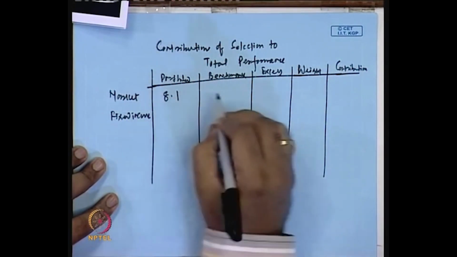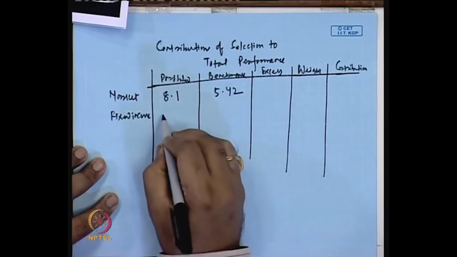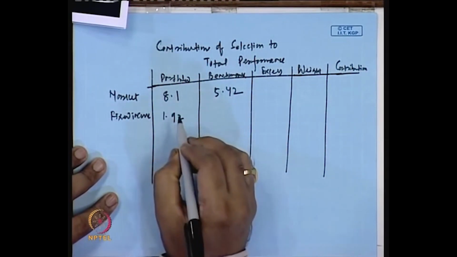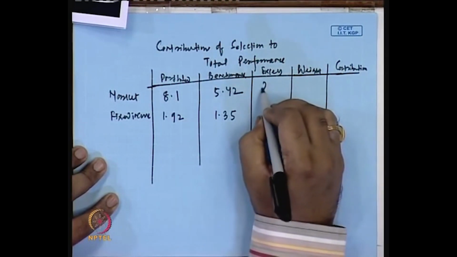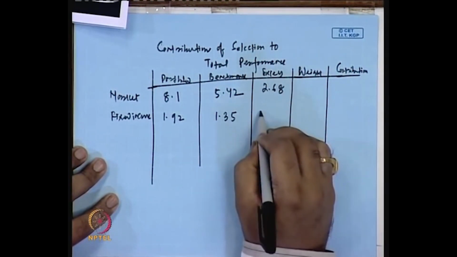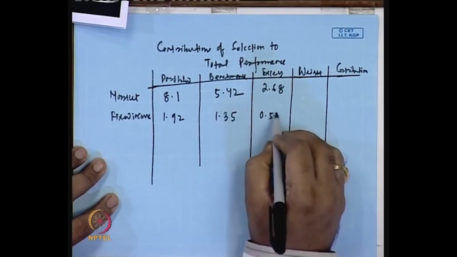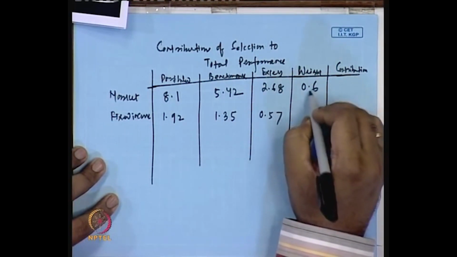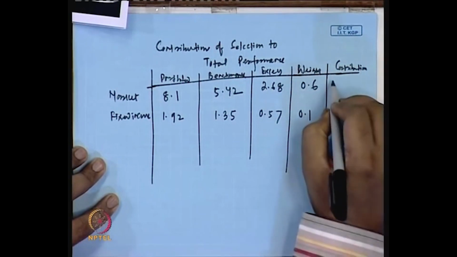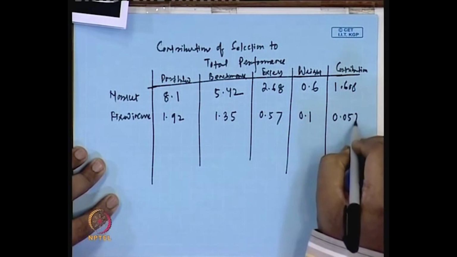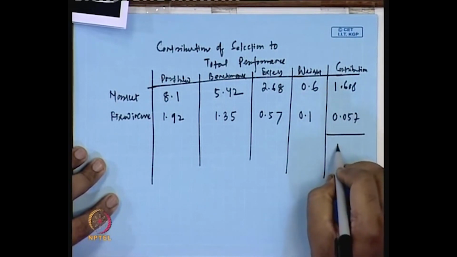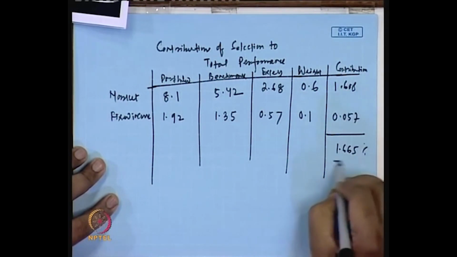Market it was giving 8.1, it is 5.42, here it is giving 1.92, here it is giving 1.35. So, excess is 2.68, here it is 2.57, weight is 0.6, 0.1, then contribution is 1.608, it is 0.057. So, total will be 1.665%.